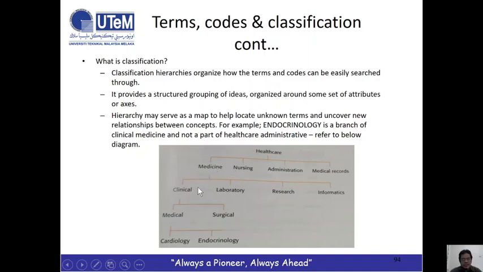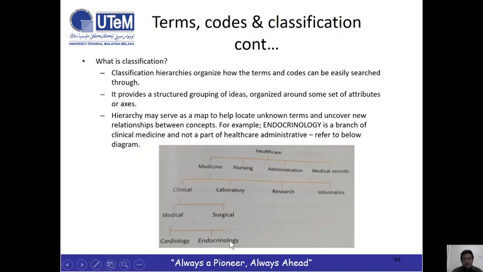it can be decomposed. Under medicine are clinical and laboratory. Under clinical, we have medical and surgical. Under medical, we have cardiology and endocrinology. So this is a classification.